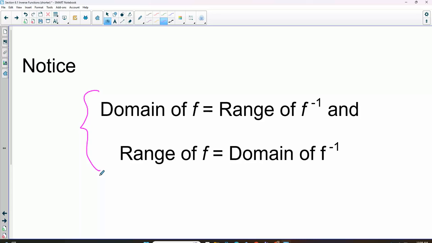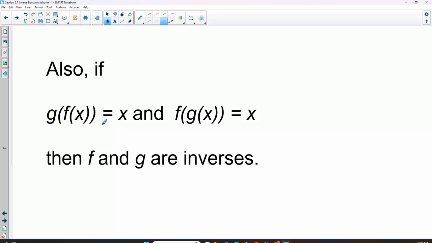If I'm starting with 5, my overall change is 0, and so I still get my 5 back. So an inverse cancels out the function, so when you do a composition of two things, if they're inverses, they will cancel each other, and we should just get back the original x.